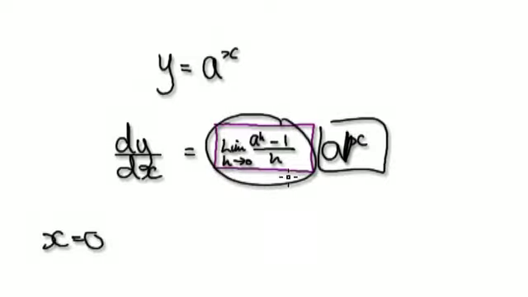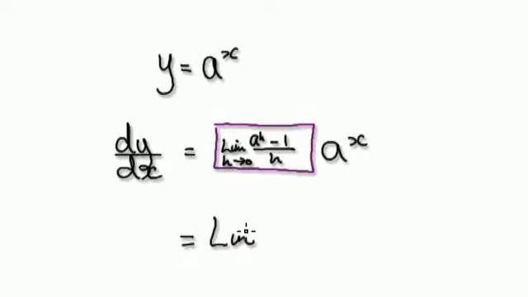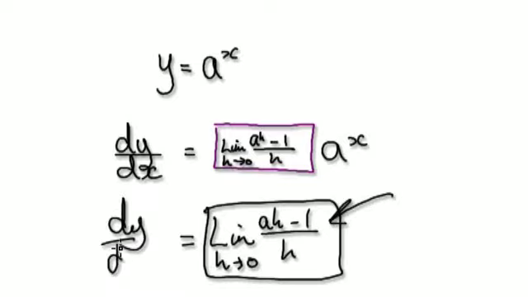Now 1 times this thing is just this thing. So basically you've got what you're trying to understand. One way of interpreting this is that what you're trying to understand is the gradient at x equals 0. That's what it means.